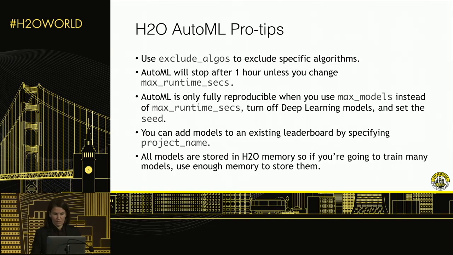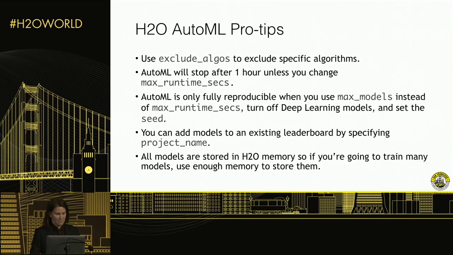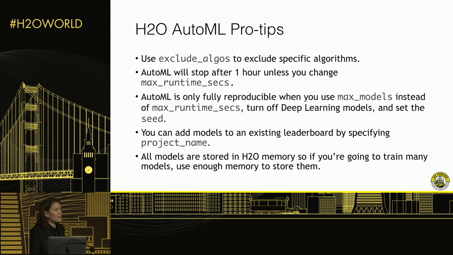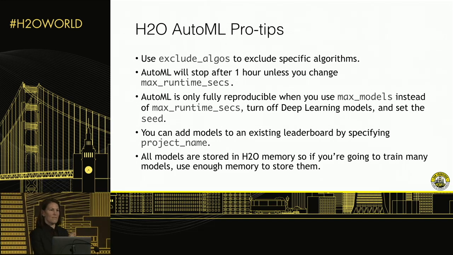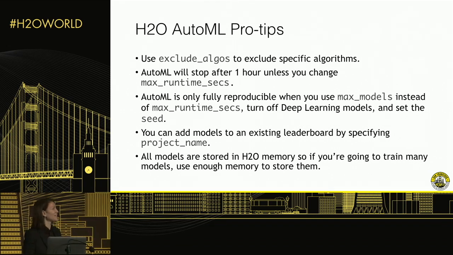Okay, just a few tips before I move on. I mentioned already you can exclude certain algorithms if you know in advance that you don't want to use them. The runtime is set to 1 hour, just for safety reasons, because you don't want it to run forever, and that could be very expensive on Amazon if you forget to stop it.